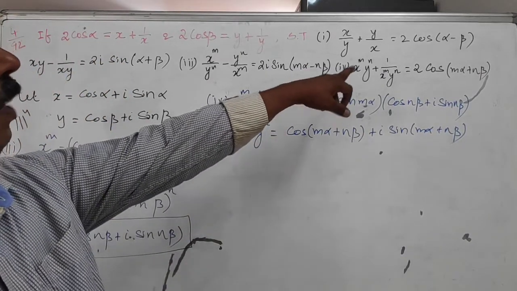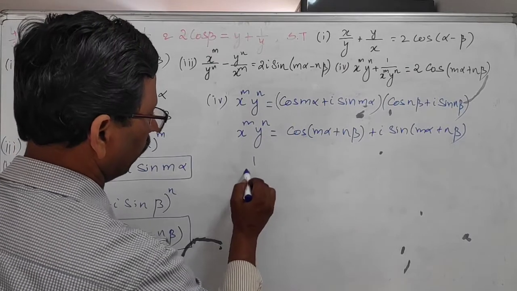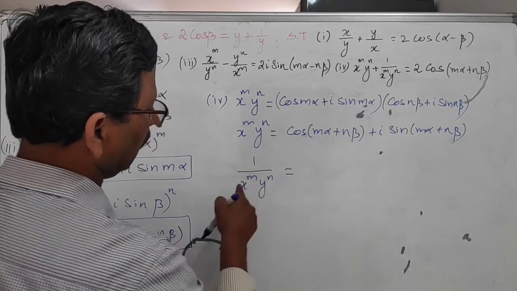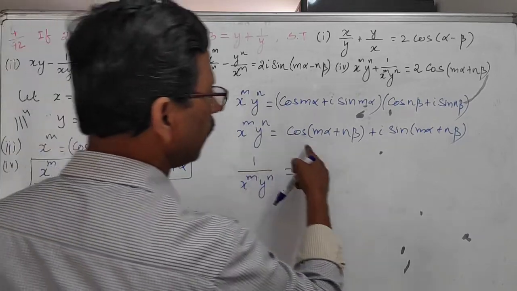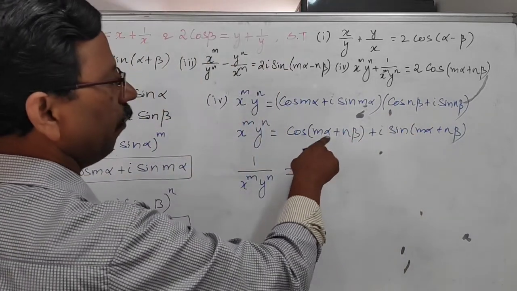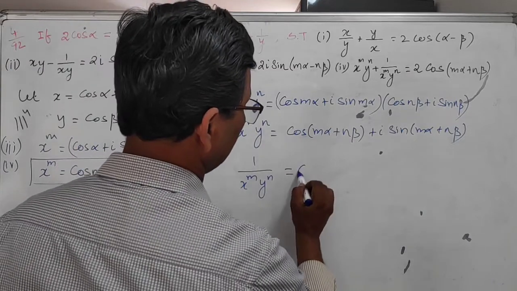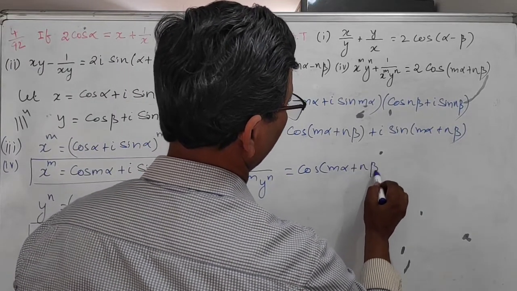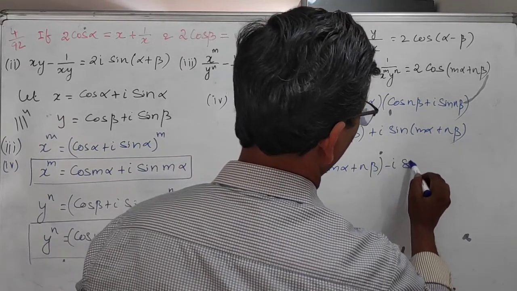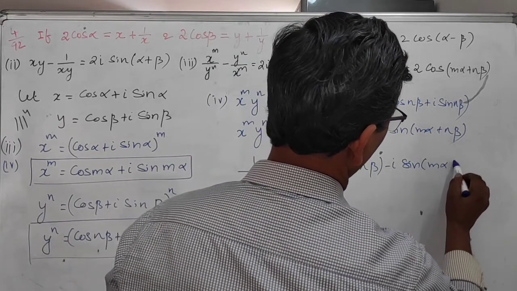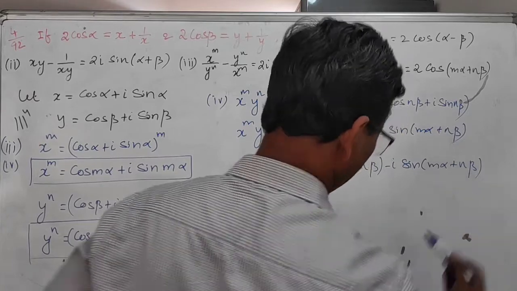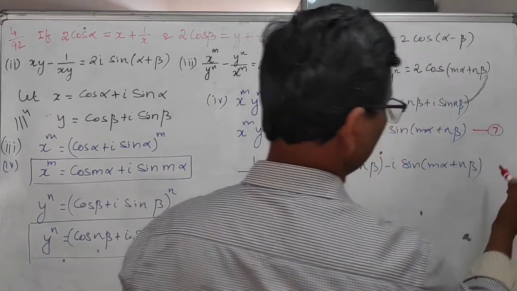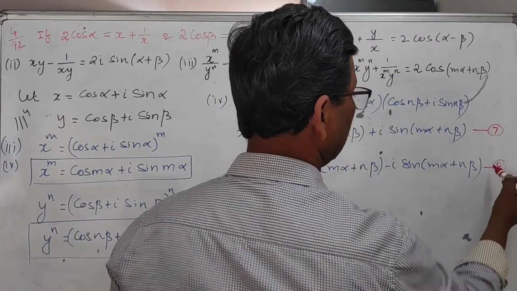Next, you need to find 1 by x power m into y power n. It is nothing but the conjugate, and since its modulus is equal to 1, we can write the conjugate: cos of m alpha plus n beta minus i sin of m alpha plus n beta. Now you can take this as result number 7 and this as result number 8.